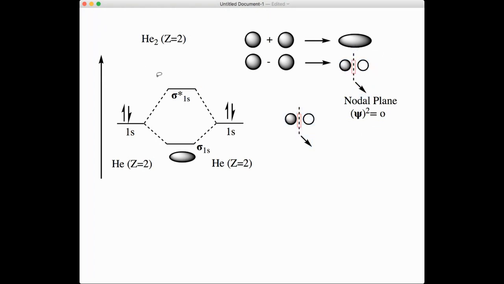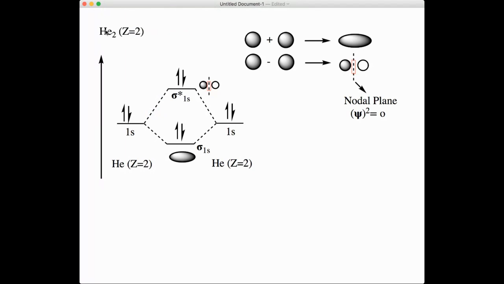And now my next question, guys, is how many electrons should I place in my molecular orbital diagram for the molecule of He2? How many electrons should I fill now? So the total of 4 electrons, because there are 2 electrons in one atom, and another 2 electrons in the second atom. That's a total of 4. So I'm going to place 2 electrons here, and 2 electrons here. That's a total of 4.